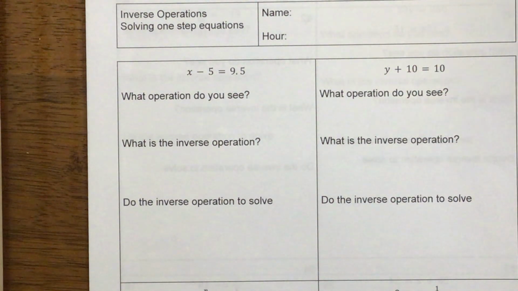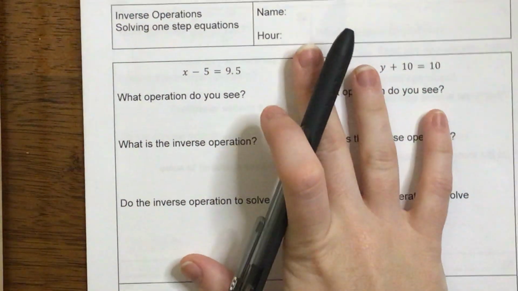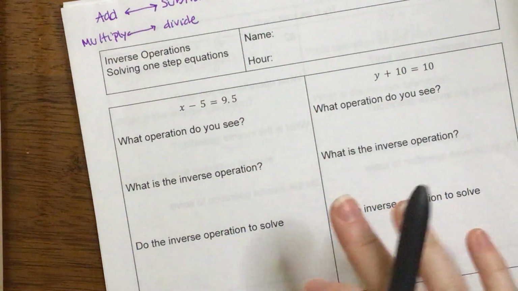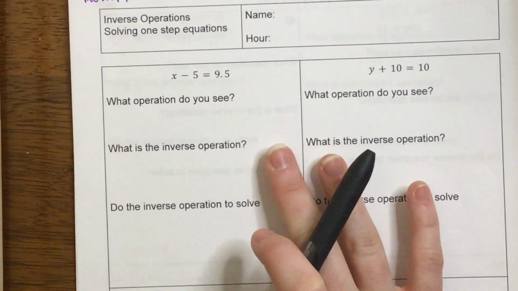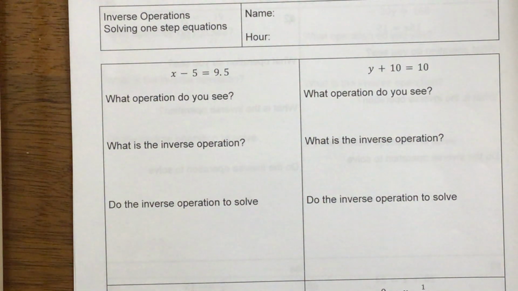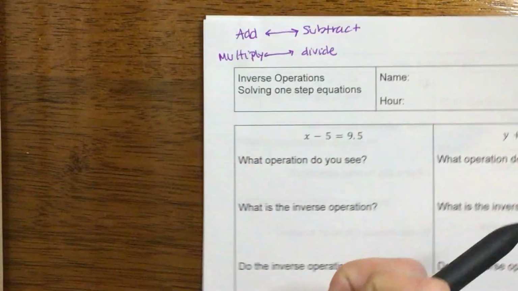All right, so now that we've identified parts of an equation with the constant and the coefficient, we're going to get into solving it. And how you solve equations, we'll formalize this in a few days, is you do the opposite operation or the inverse operation.